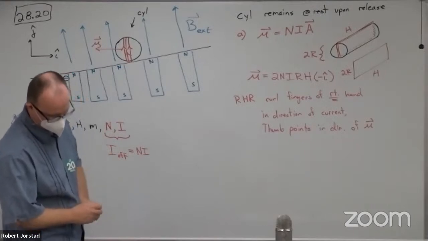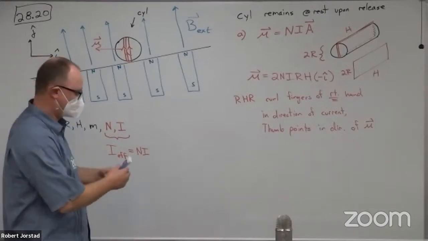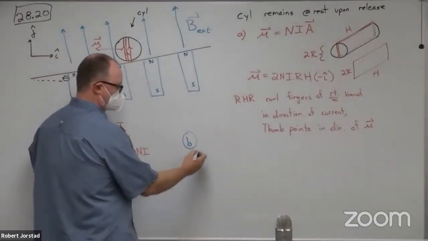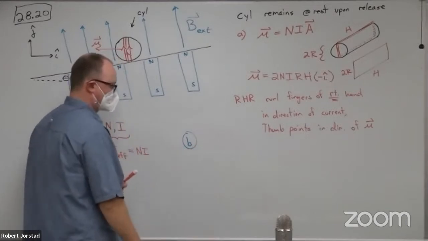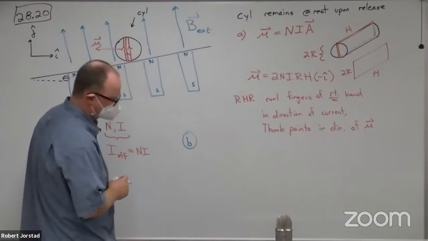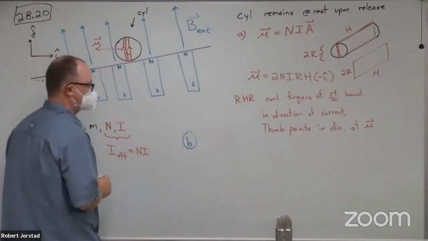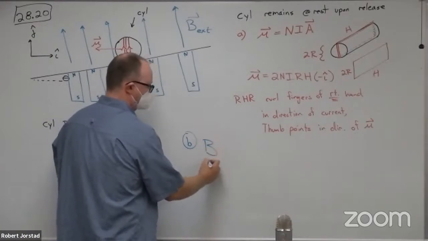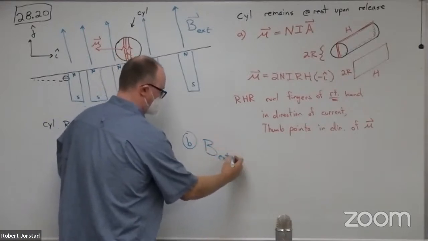Oh, so we're trying to figure out what? What is part B asking us for? What am I trying to find in part B? I'm trying to get B, external magnitude.